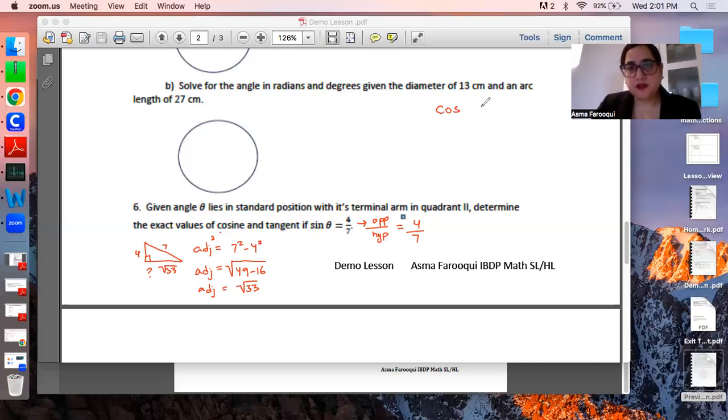Cos theta, as we know, is adjacent over hypotenuse, which is root 33 over 7, and tan theta is given as sine theta over cos theta, equals sine theta is 4 over 7, the whole divided by cos theta, which is root 33 over 7. So this comes to 4 over root of 33.